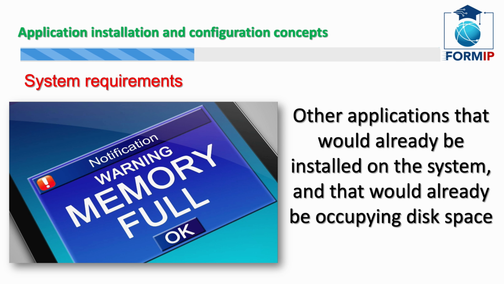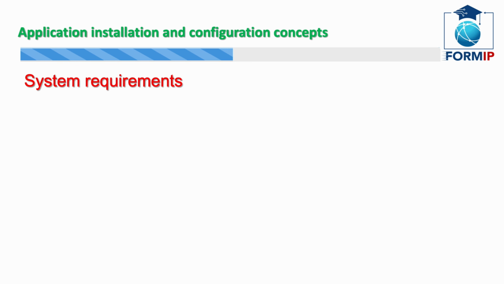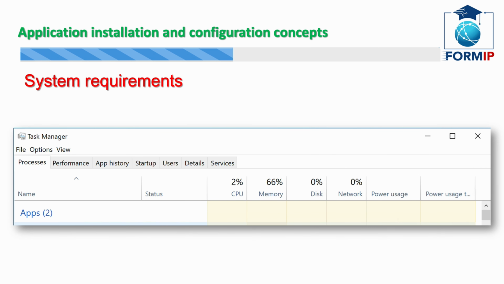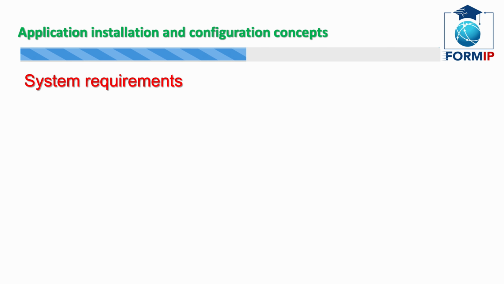Ideally, you should check how many resources you have left in full use of the system by taking a look in the task manager. For example, here you can see that 66% of my RAM is available. This means that if I have 16 gigabytes of RAM, I still have about 12 gigabytes available to run other applications. And finally, with all this talk of prerequisites, the most important point to check is that which directly concerns the operating system.